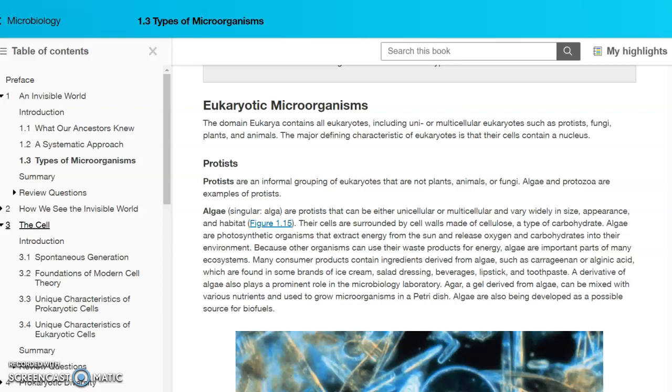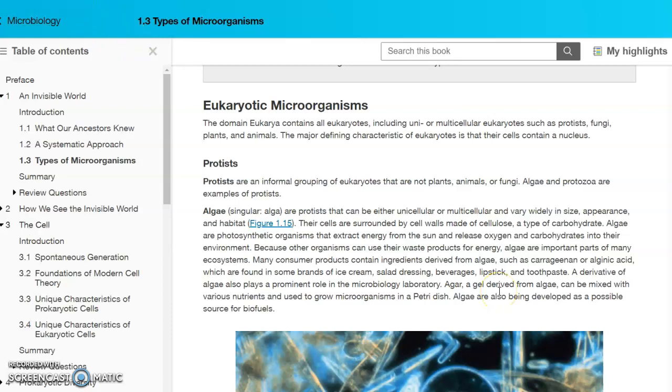These are eukaryotes. They have a nucleus. They're not plants, they're not animals, and they're not fungi. In many cases, the protists really aren't that evolutionarily connected to one another. They're just not as connected to plants, animals, or fungi.